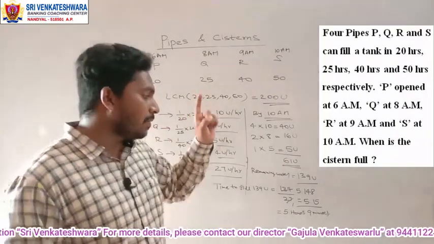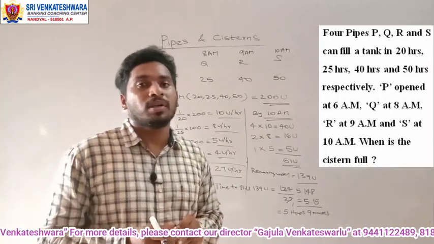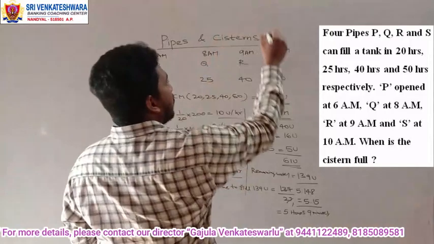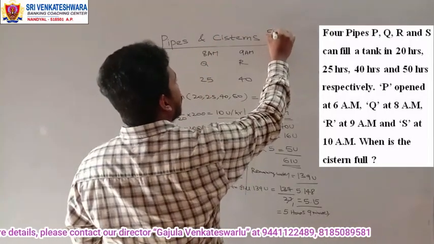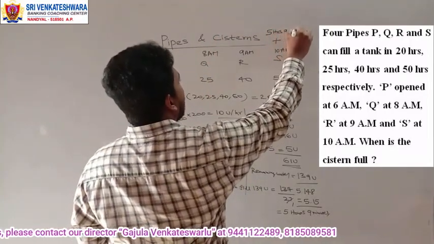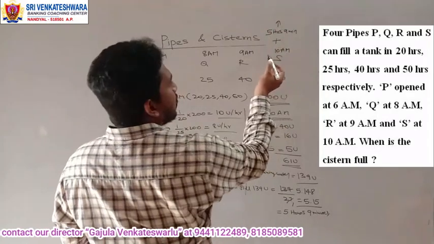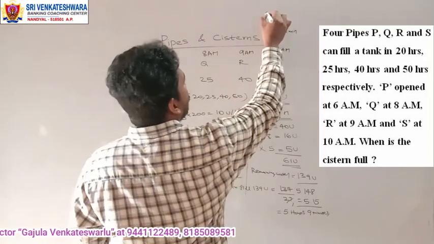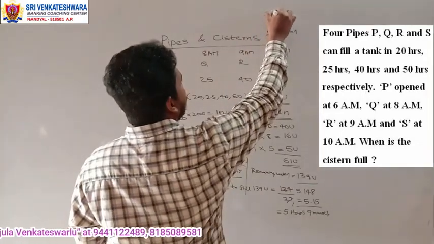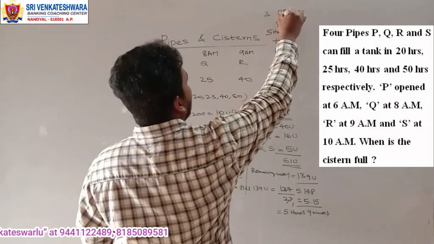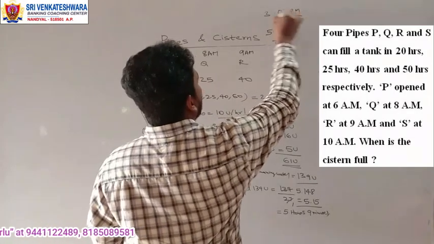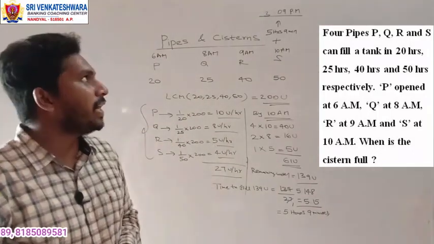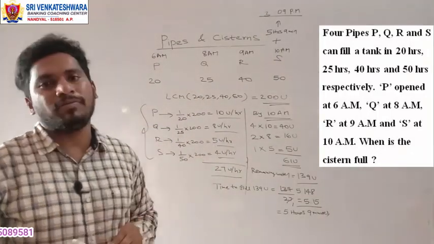So 10 a.m. plus 5 hours 9 minutes: 10 plus 2 is 12, and from there 3 more hours, so it is 3:09 p.m. So 3:09 p.m. will be the point of time by which the tank will be filled.